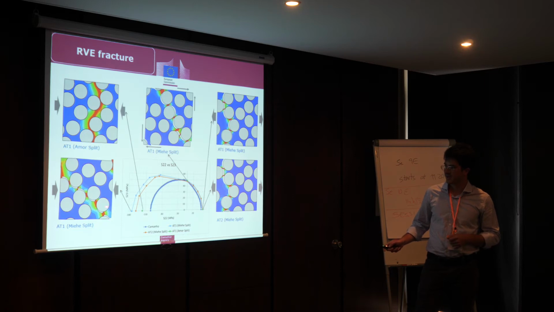It will depend on how far I am with respect to the criteria, first on the formulation, and second on the energy split. Amor's formulation will be something closer, but the crack pattern would be something not realistic. This is not what I would expect in a composite material. I would expect something like this.